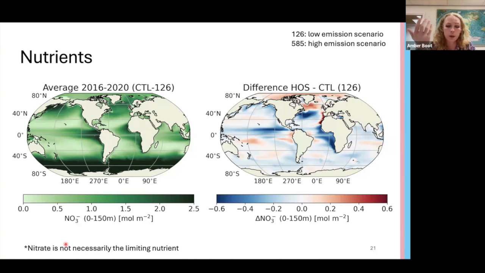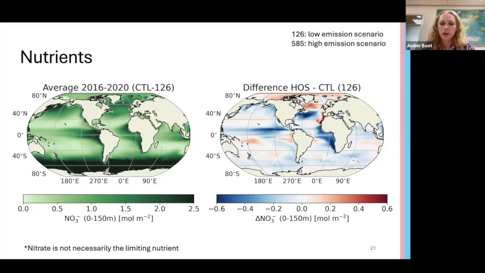But this is just to give an indication of what happens to nitrate. And these are the initial distributions of nitrate. Here you see the effect of an AMOC weakening. There are regions with quite a big decrease, for example here, of the order of around 50%. So these are really, really large decreases. And here we see, for example, a large increase.